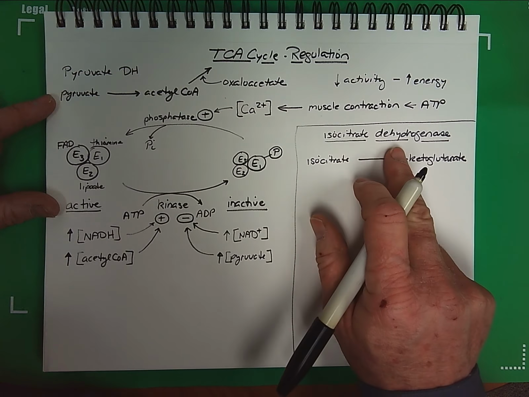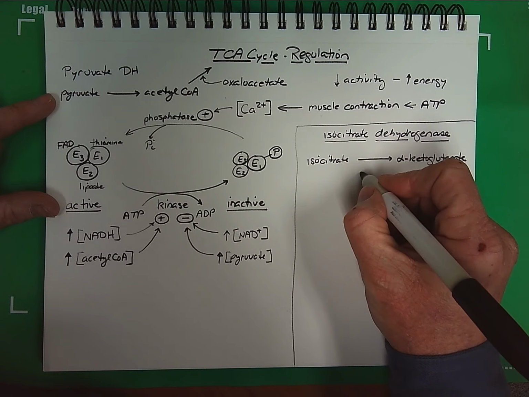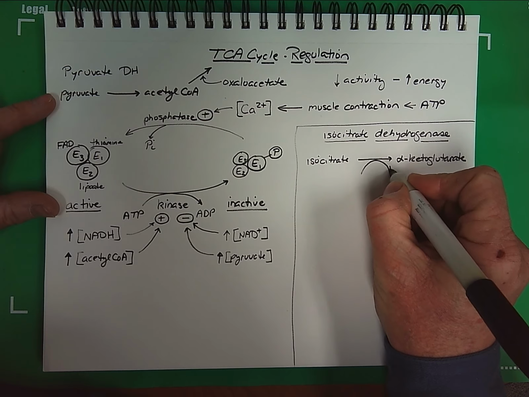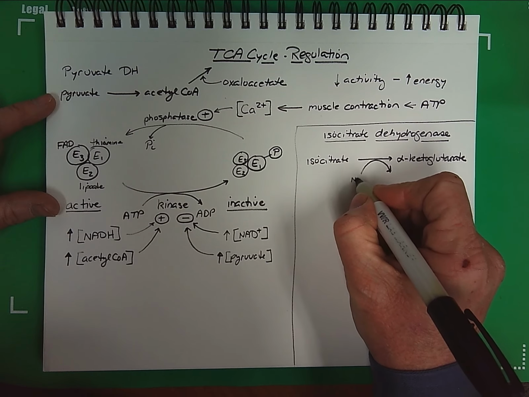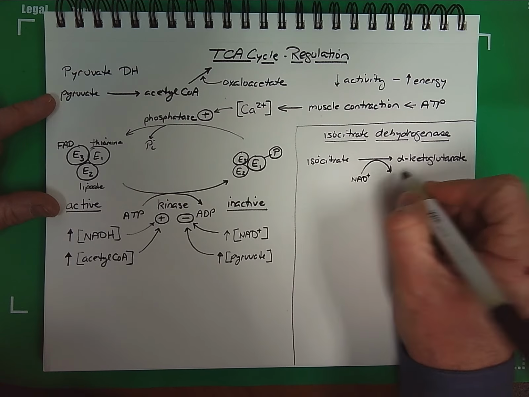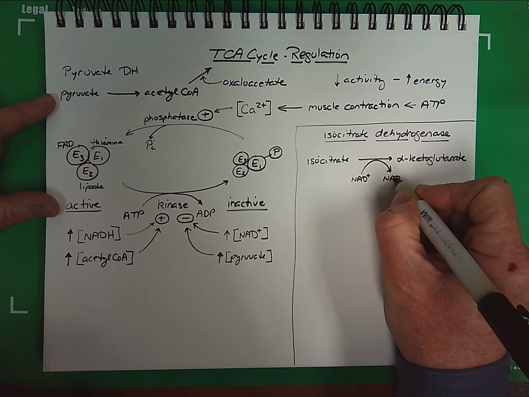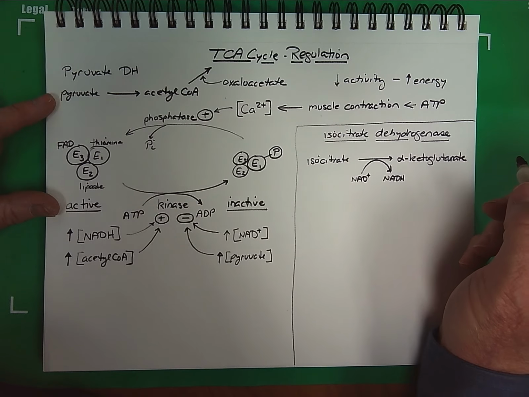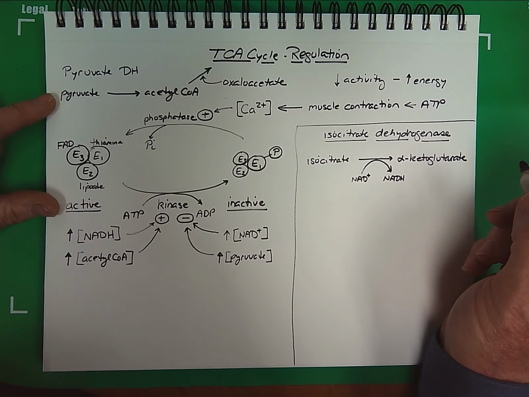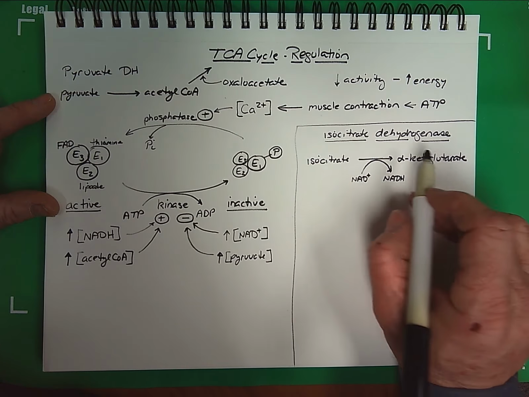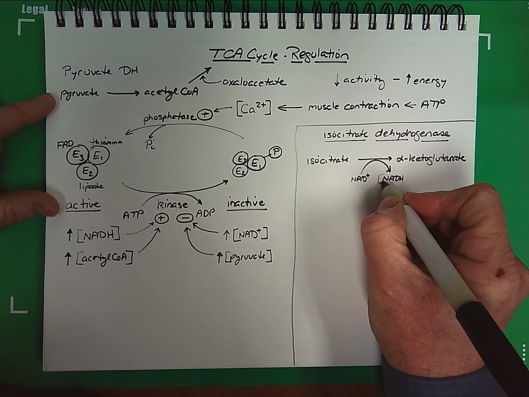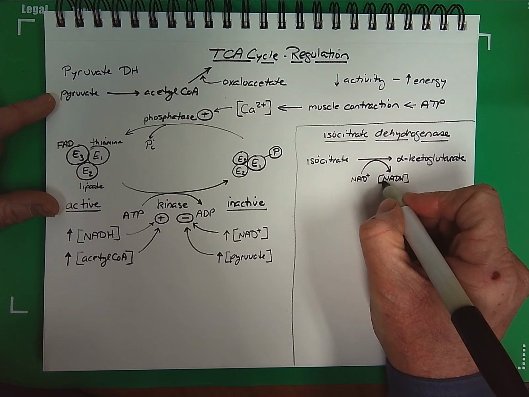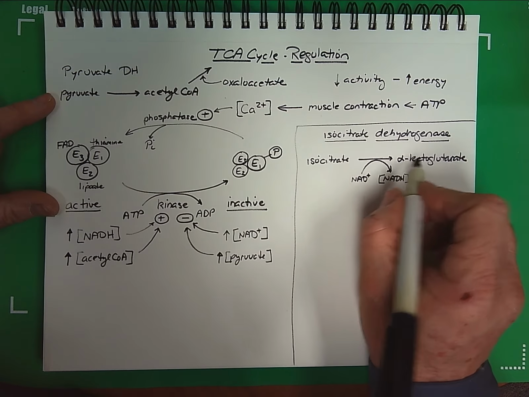Now, because this is a dehydrogenase reaction, this is a redox reaction, we are going to be oxidizing isocitrate, and so therefore we need something to move these electrons to. So this is one of our NADH producing steps. As we will see with most dehydrogenase enzymes, the concentration of NADH is going to be controlling the activity of the dehydrogenase enzyme.